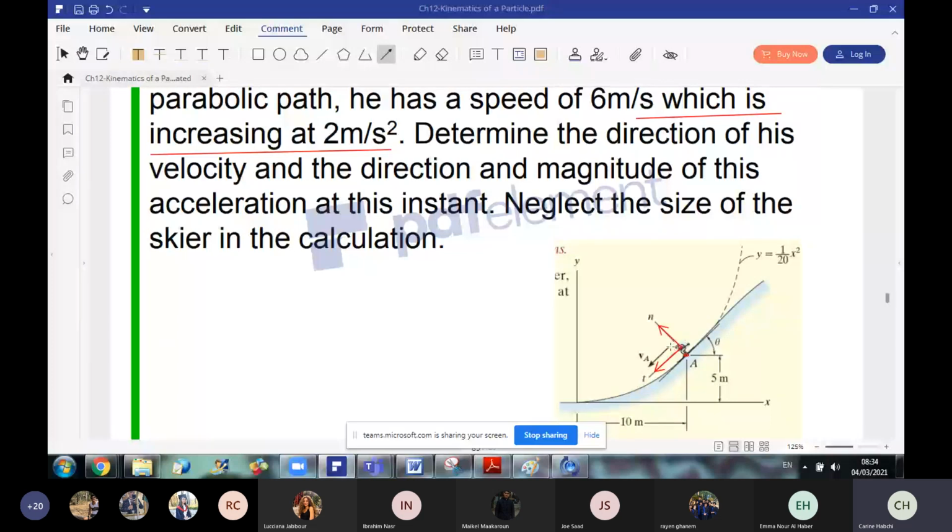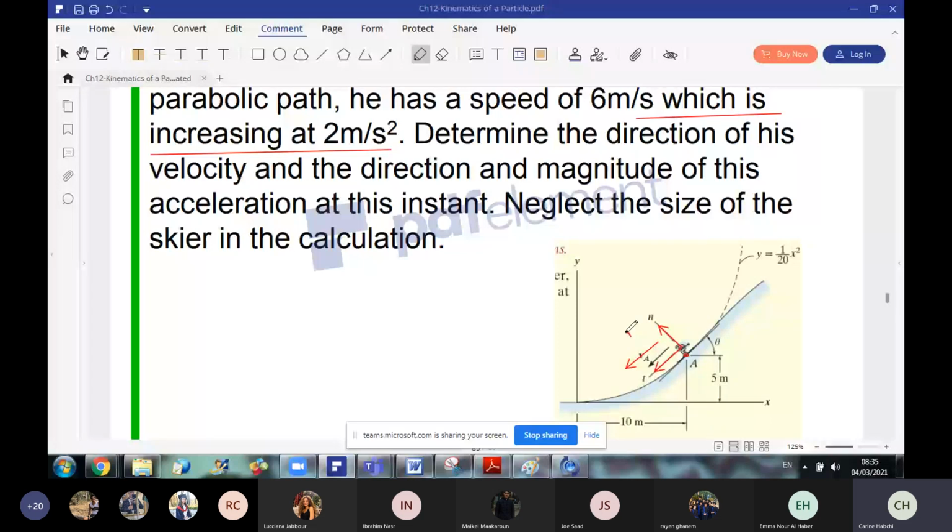And of course, VA and UT are always of the same sense because UT is defined as the unit vector of V. Now, since they said that I have an increase in speed, so I am accelerating, this means that my tangential acceleration will also be along UT. So the tangential acceleration will be downward, of course, here because I have acceleration.